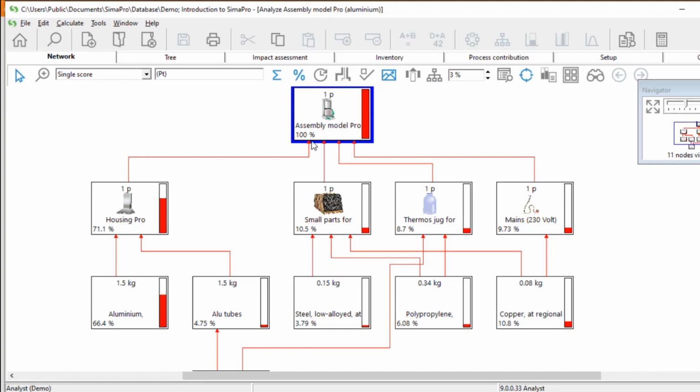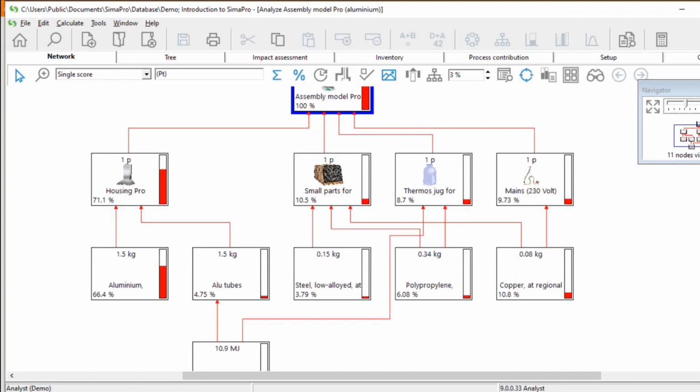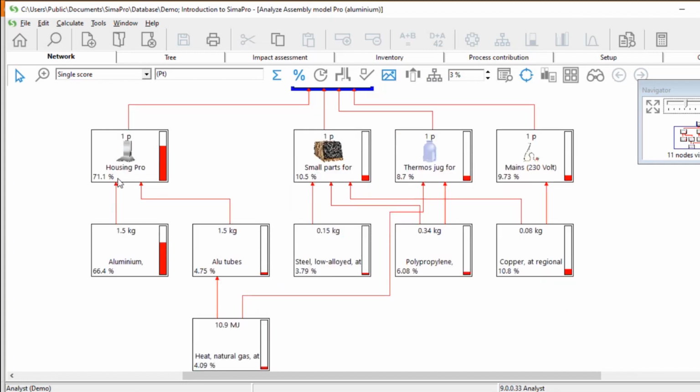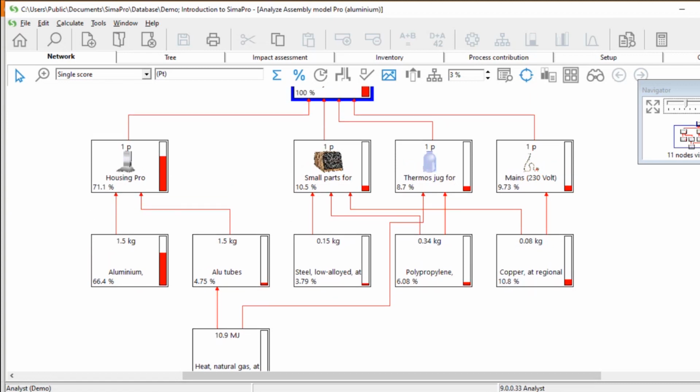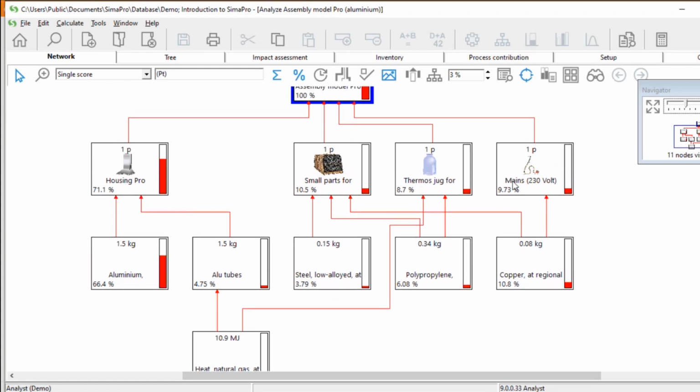So this is altogether 100%, and further breakdown is given here. Out of those 71%, aluminum contributes 66% of our environmental burden, and tubes 4.7%, and so on. The same things are described here. I'm not discussing more here, so you just need to explore by yourself.